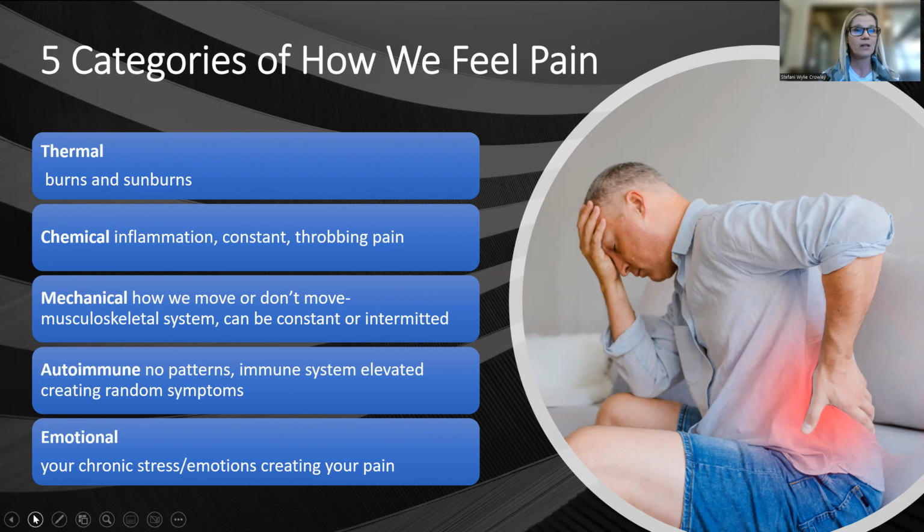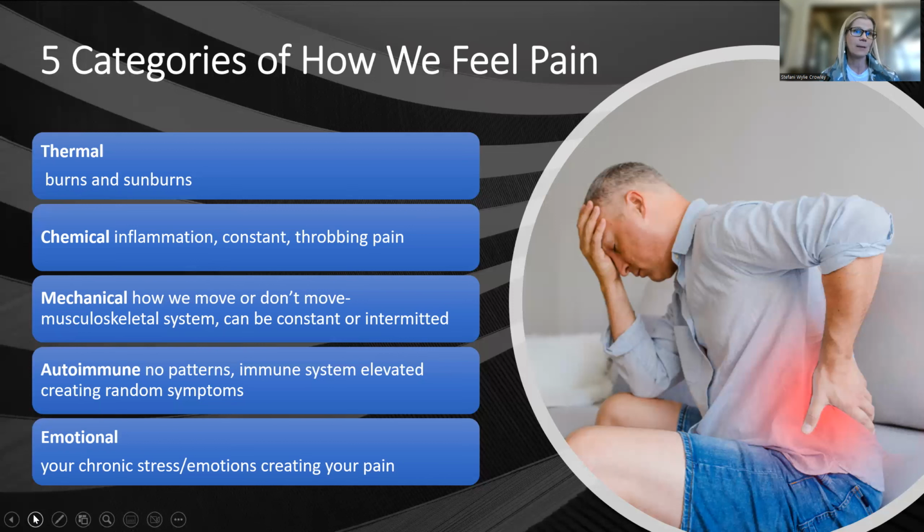So say you have an injury where you fell and it's super irritated and you have that constant throbbing, aching pain. Well, that happened because of the fall. So we've got to get you through that inflammatory phase so that we can actually get back to you moving correctly and helping the tissues strengthen when there might be some damage around it, but do it in a gradual way.